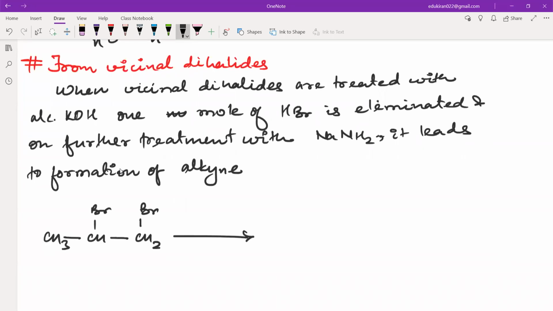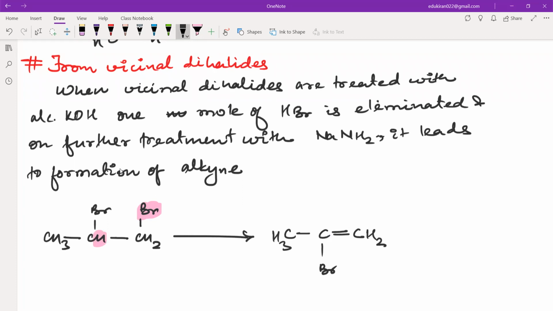The alkene that you will be getting is CH3 CH, and this Br will be intact here. There will be a double bond. So we have eliminated this Br and one of this hydrogen. So Br from one carbon and the hydrogen from the other carbon has been eliminated, and you have got CH2.